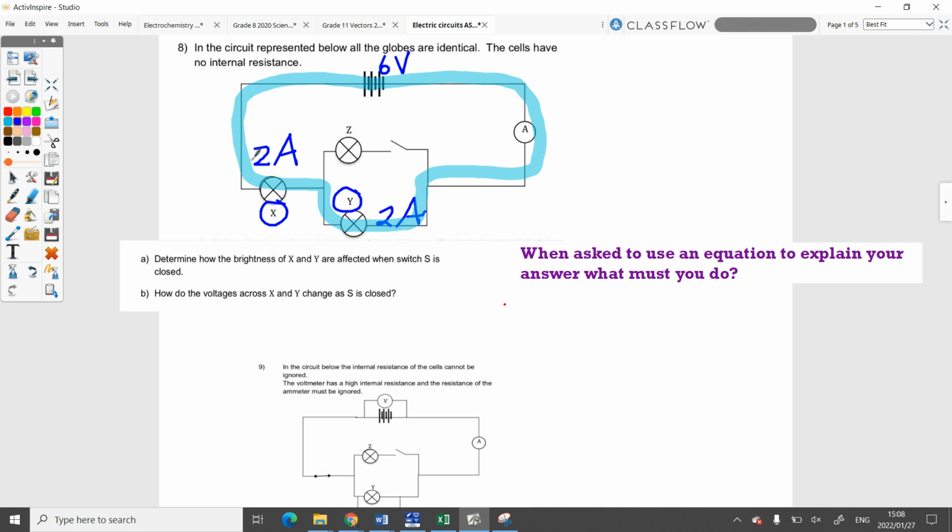While it's in series like that, right? So switch open, as it is like the blue circuit now, each of them will get 3 joules of energy because they said the cells have no internal resistance. So that means if the coulombs leave with 6 joules of energy, they're going to give 3 joules to this one, 3 joules to this one.